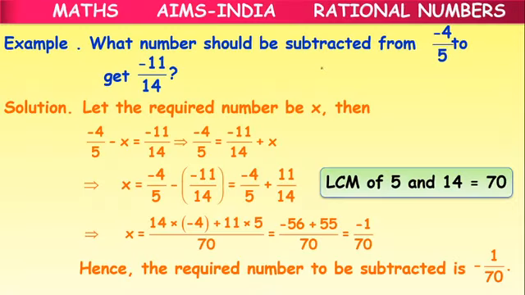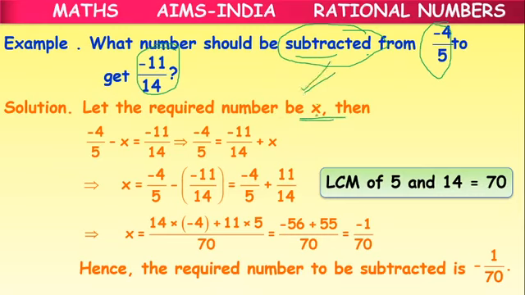Now here, in the previous question, they asked what number to be added. Now it is somewhat different. What number to be subtracted from minus 4 by 5 to get minus 11 by 14? So let the required number be x.